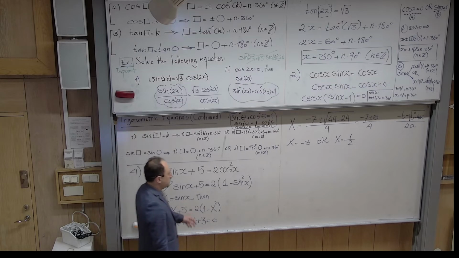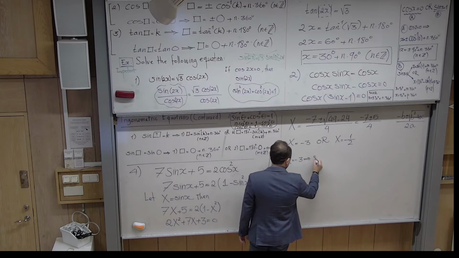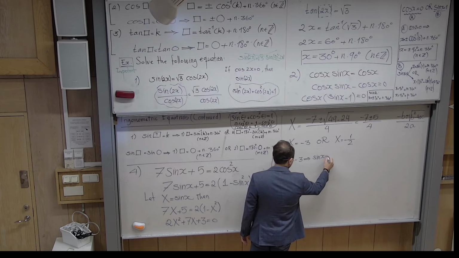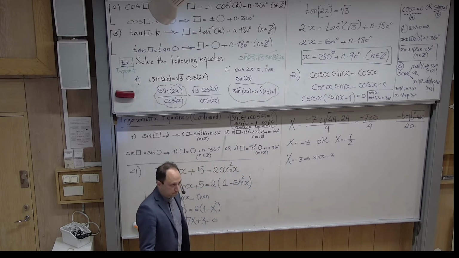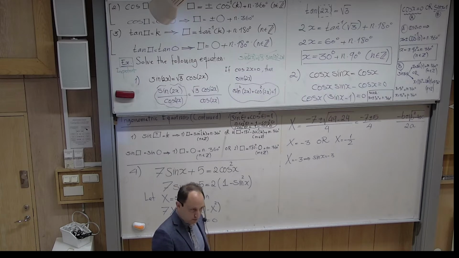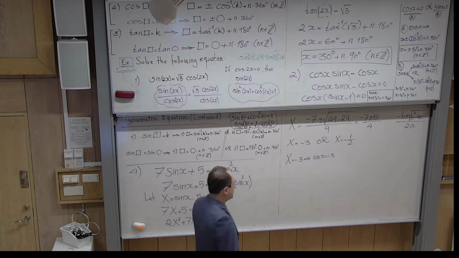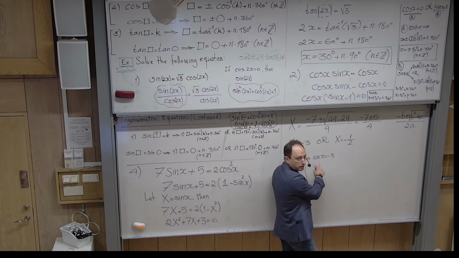Okay, but if X is equal to minus 3, this means that sine of little x is minus 3. What do you write in front? Less than minus 1, it's not acceptable. So no solutions. So remember, this limitation is only for sine and cosine.